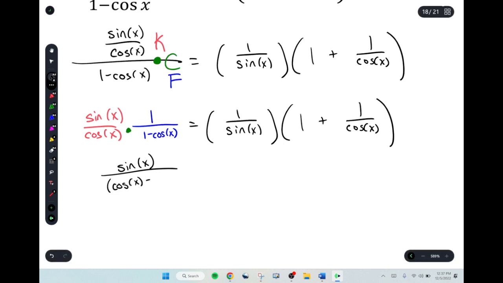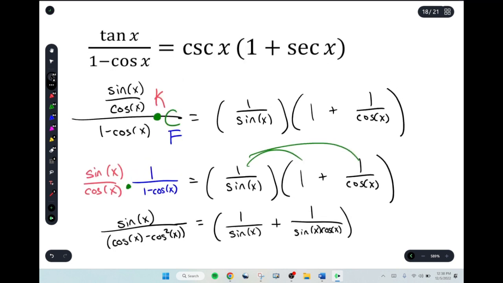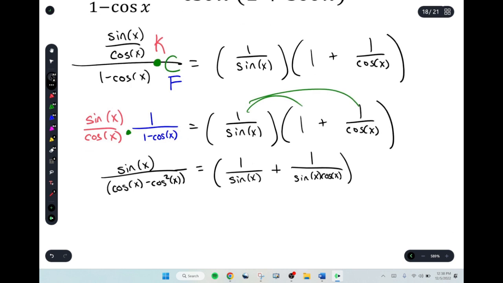Cosine of x minus cosine squared of x. That's interesting. Equals, do my distribution here, 1 over sine of x plus 1 over sine of x cosine of x. Now what?